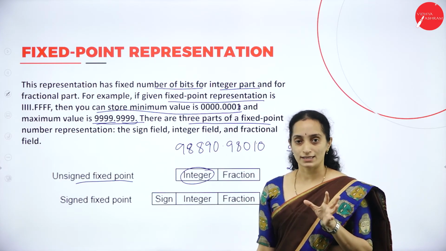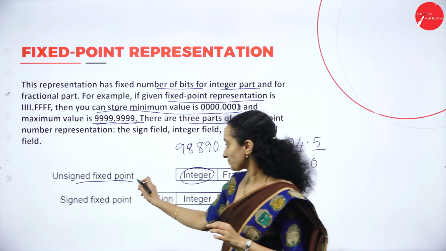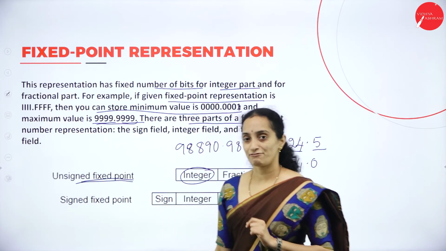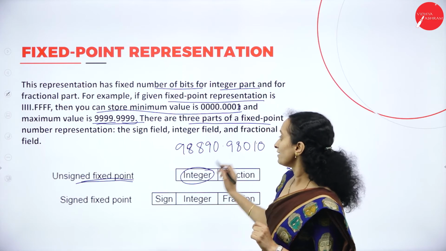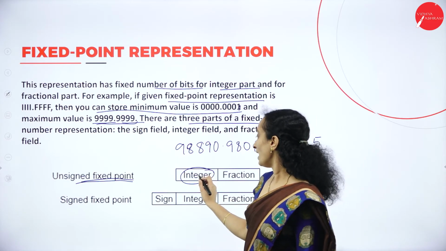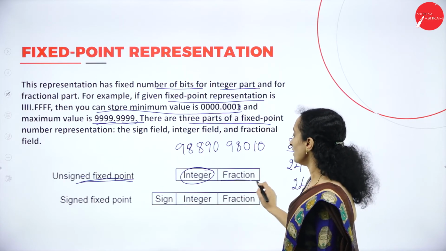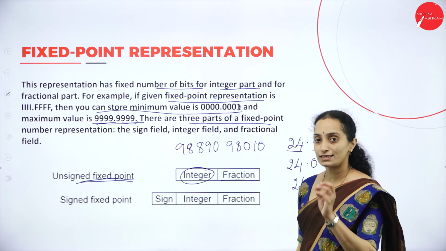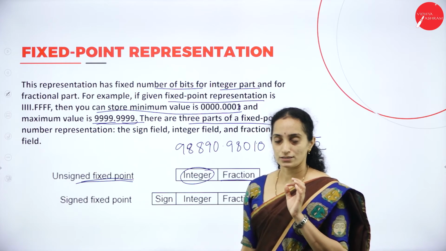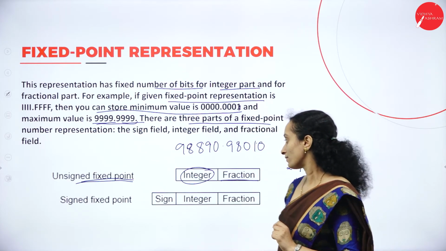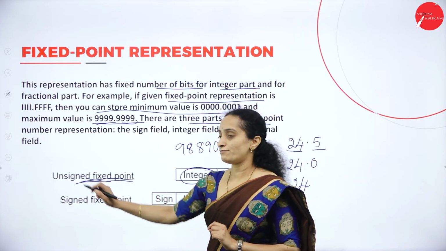You have only the numbers, which is called unsigned fixed point. In unsigned fixed point, we have the integer part and the fractional part, which are separated by a dot or a period. Okay. So we have unsigned fixed point.